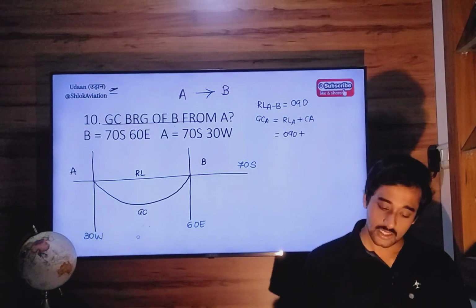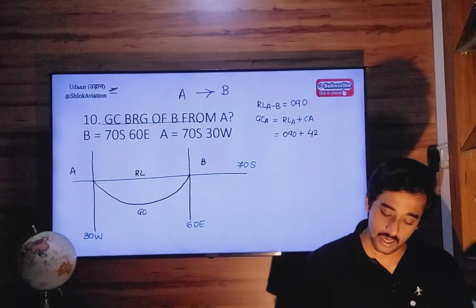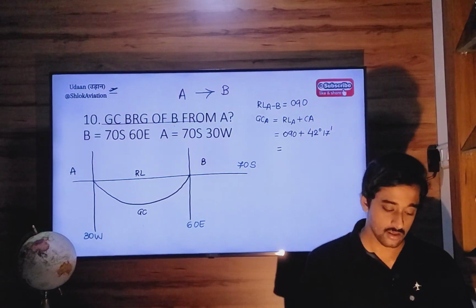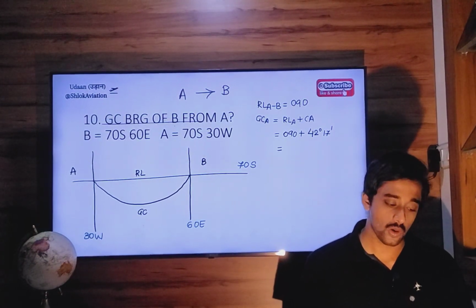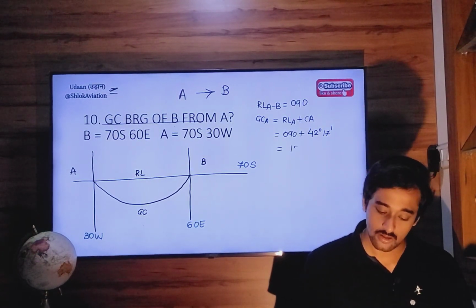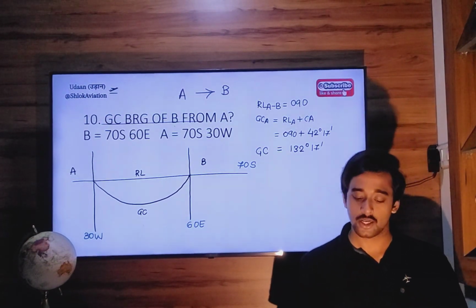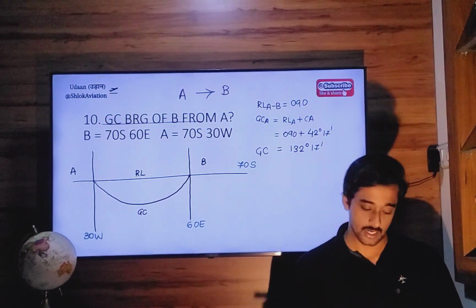So 090 plus 42°17 minutes is equal to 132°17 minutes. So the great circle direction is 132° approximately.